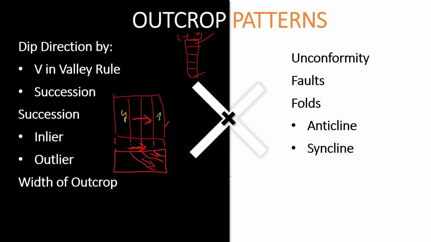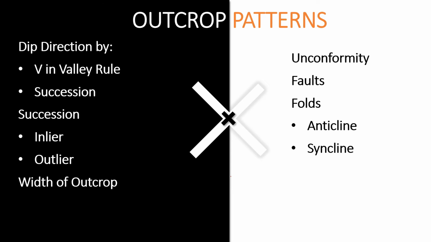I didn't mention it in the earlier slides, but dip creates an angle with the horizontal. So if it is pointing in that direction, it creates an angle with the horizontal. So this is what it means to identify the dip direction through succession.